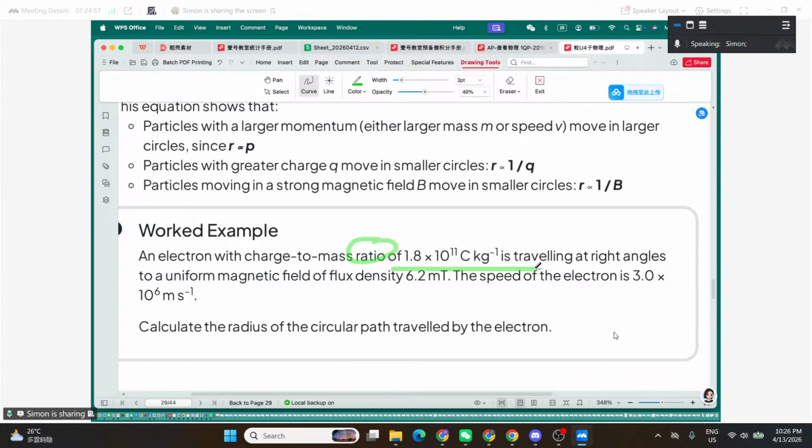The speed of the electron is 3.0 times 10^6 meters per second. The question wants us to calculate the radius of the circular path traveled by the electrons. How to calculate the radius? Use the logic that we just studied.